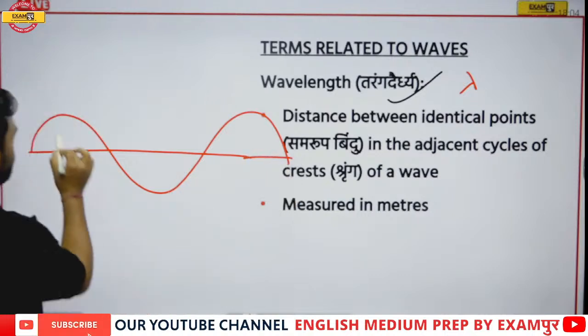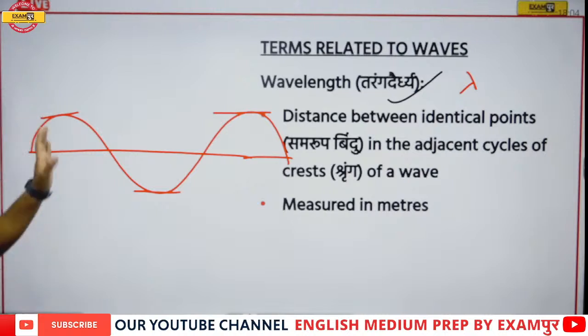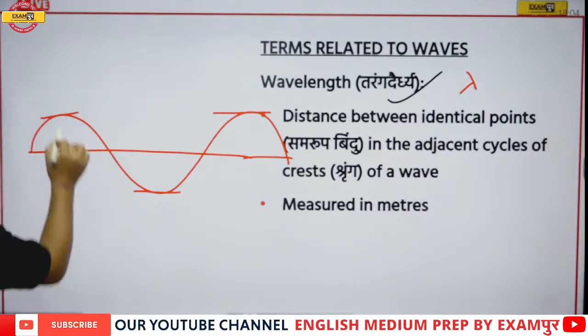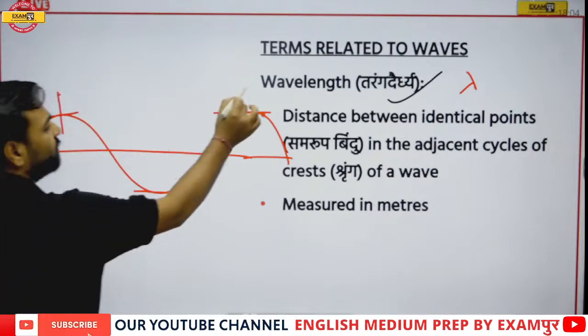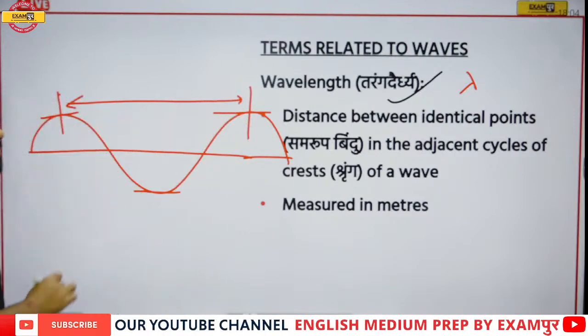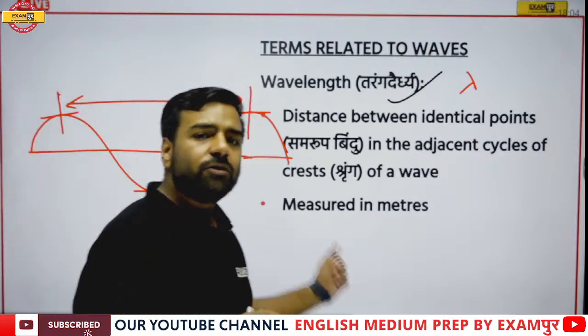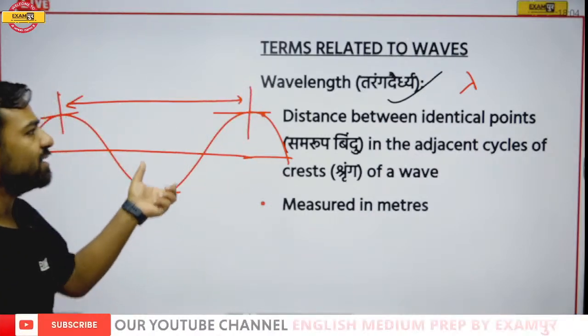So see, between any two crests or troughs, there would be some distance. Let's just have a look. The distance from this location to this location, there might be some distance. Now obviously there would be some unit for measuring that, correct? So this particular distance is actually the wavelength.